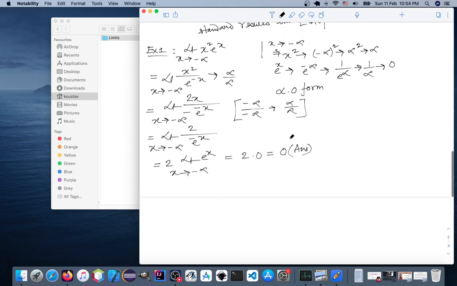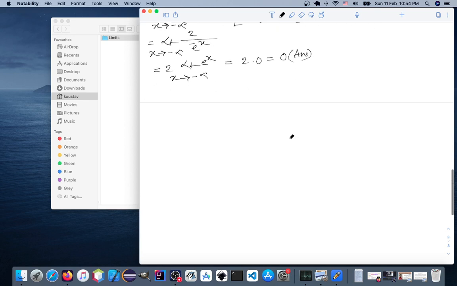Next problem says limit x tends to 1 minus of log of 1 minus x and cot of pi x by 2.